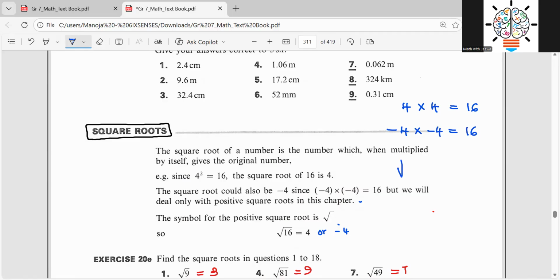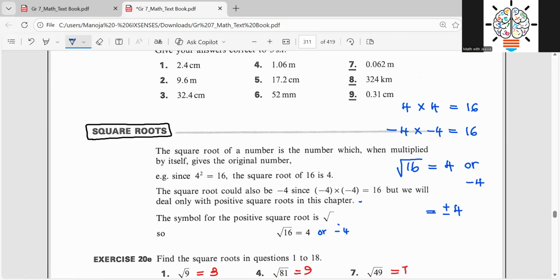So when I get the square root of 16, most of the time we just write the answer 4. It is correct at this age, but when you go to the upper grades, this is not the correct answer. How do you write? You write 4 or negative 4. Or sometimes we write this as plus or minus something like this.